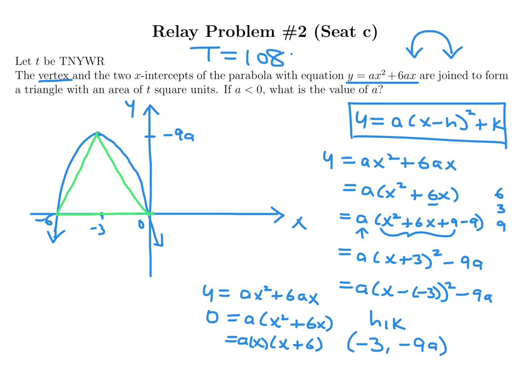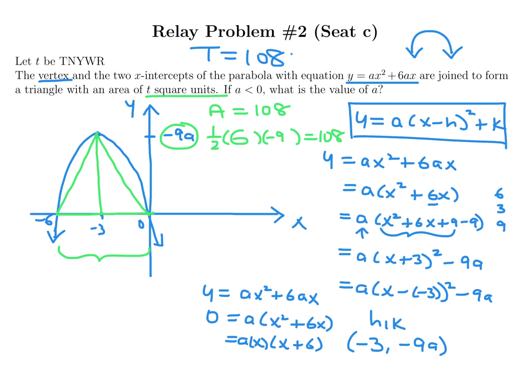Okay, and the area of the triangle is t. So the area is t, which is 108, and the area would be 1/2 base times height. So the base is from here to here, and that's 6, right? And the height is top to bottom, which is minus 9a.